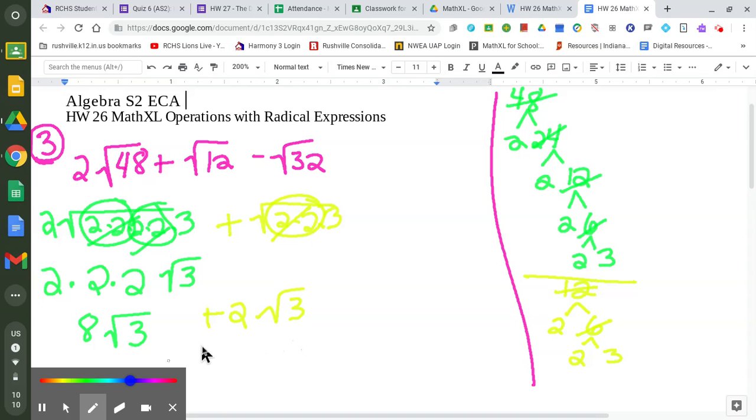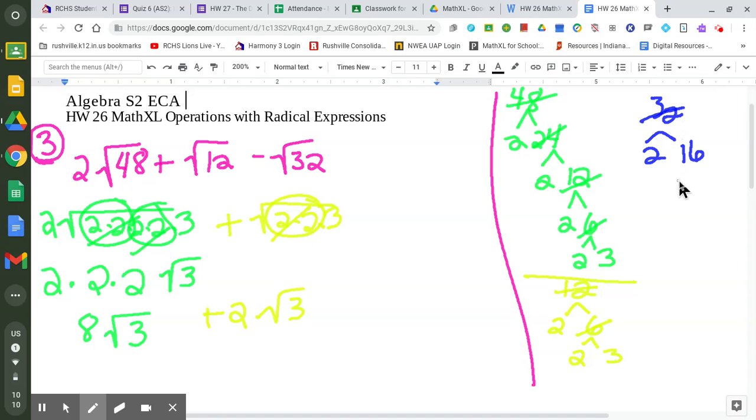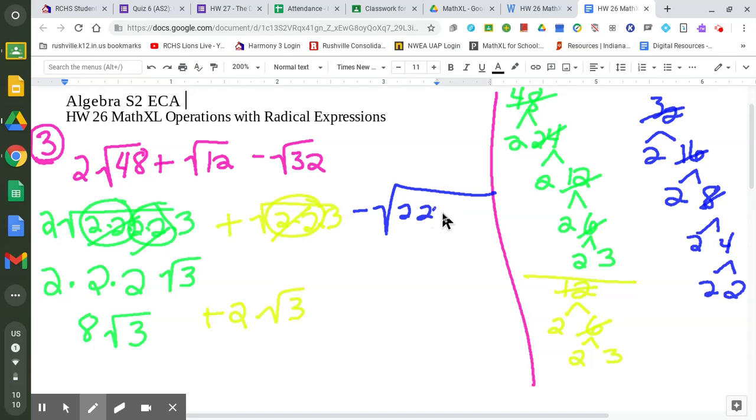Then I need to do my factor tree for 32. So 32 divided by 2 is 16. 16 divided by 2 is 8. 8 divided by 2 is 4. 4 divided by 2 is 2. So I have 5 2's. 1, 2, 3, 4, 5.